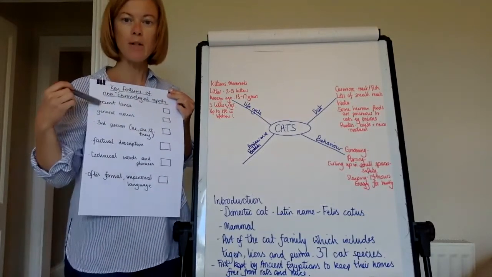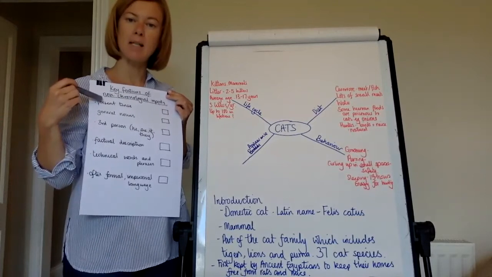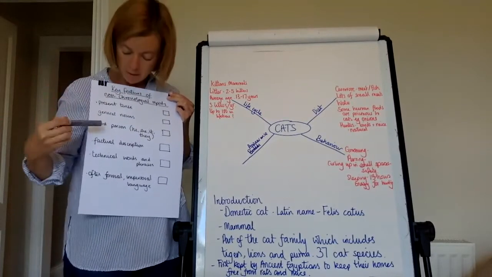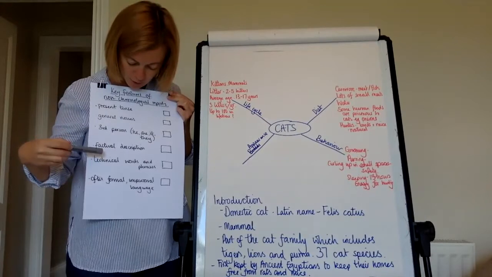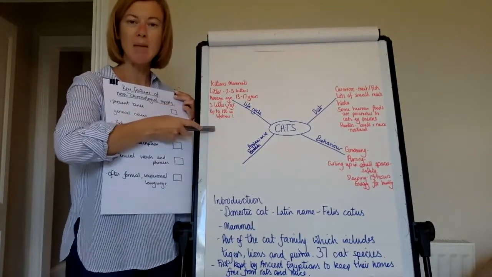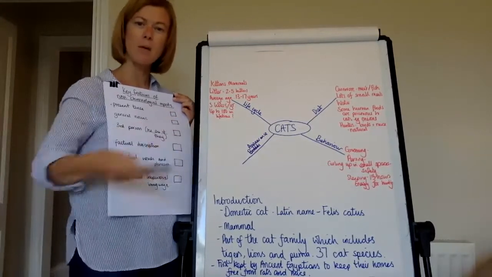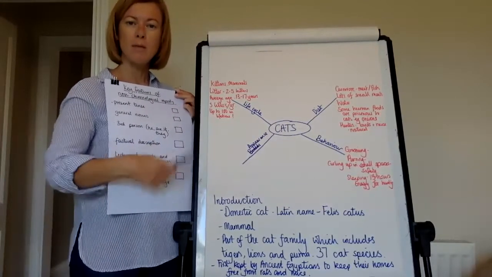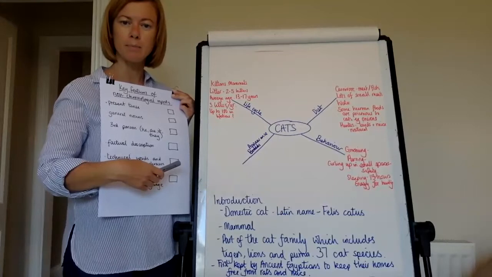Okay, I'm not too worried about the tense at the moment because I'm in the planning stage, but factual description and technical words and phrases are really important, and I need to get those in my planning, so I'm not trying to think of those or having to go and find them out when I'm in the flow of my writing tomorrow.